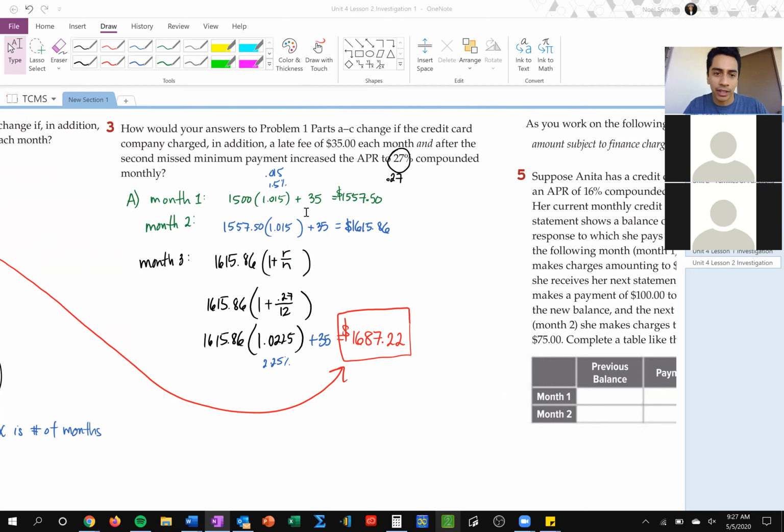I think for now it's important just to be able to keep track of what the interest rates do and what the late fees do to your balances month after month. I think that's more important to know than to be able to build a formula for yourself. All right, so let's jump over to number 5.